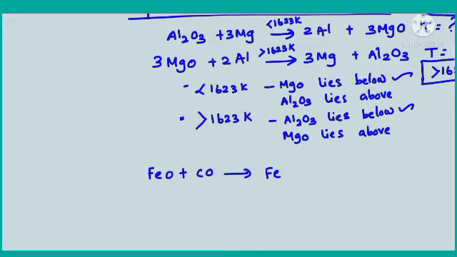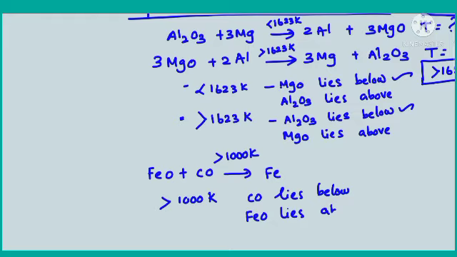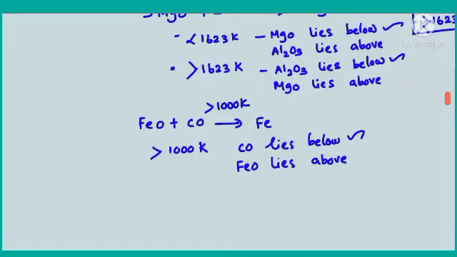Now here the suitable temperature range is greater than 1000 Kelvin, because above 1000 Kelvin carbon monoxide lies below the diagram, then iron oxide lies above, and the one which is below is an effective reducing agent for the one which is lying above. Okay, I hope you understood. So for reducing iron oxide with the help of carbon monoxide as a reducing agent, the temperature range which is required is greater than 1000 Kelvin.